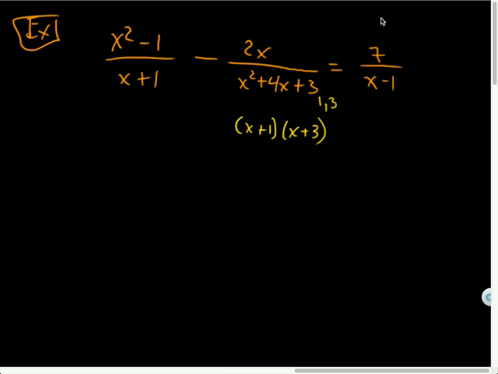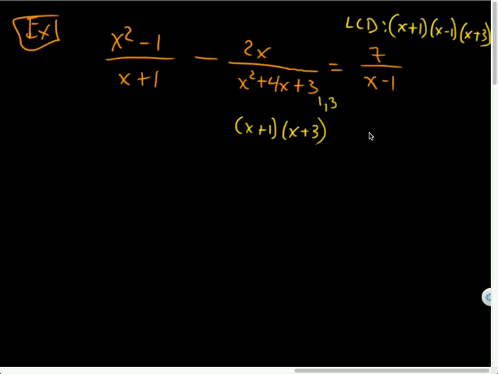So what is the LCD of all of these? So there's our LCD. And now what am I doing with this LCD? Multiplying each side by it, right?